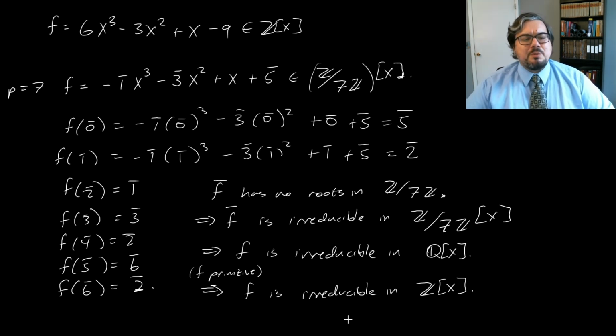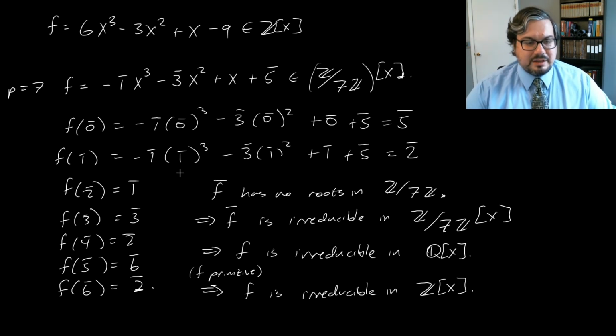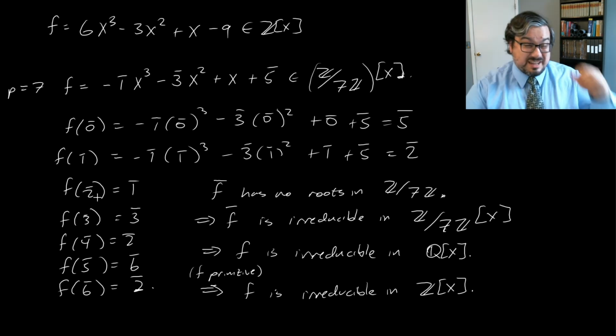If you have some other way of checking whether the polynomial is irreducible after moving to the ring Z adjoin X, that still works. We only need degree 2 and 3 here in order to check reducibility just by checking roots.